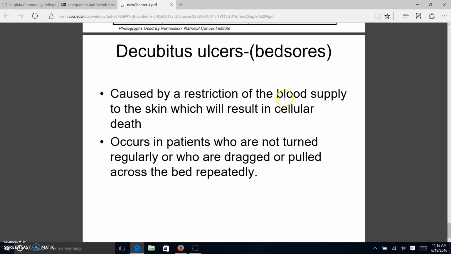So you want to definitely check your patients and make sure that they're not forming these ulcers because they're not getting enough circulation, caused by not being turned or moved, or by being dragged over these pressure points repeatedly. So make sure you're taking care of your people or looking after your own relatives who may be in some sort of assisted living situation.